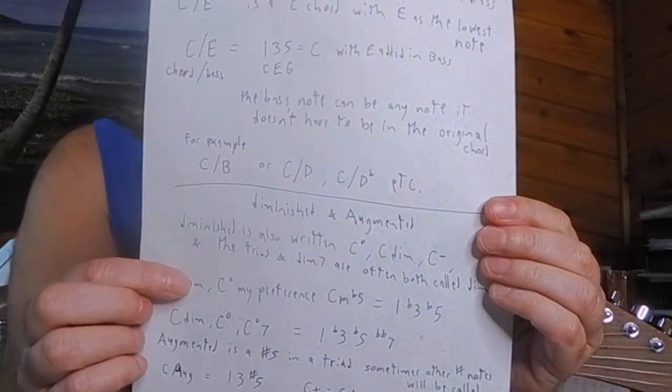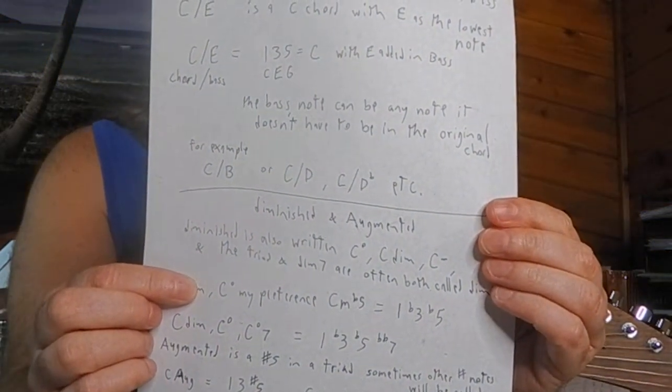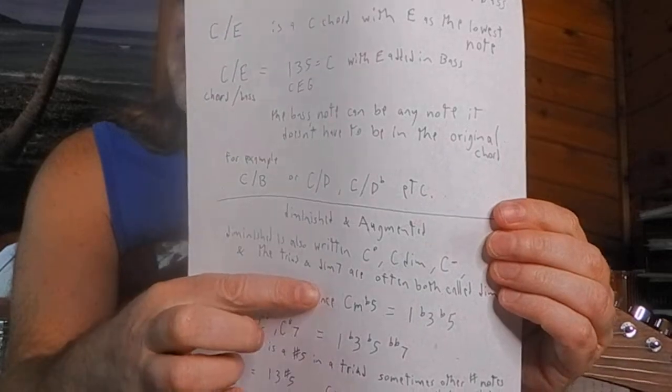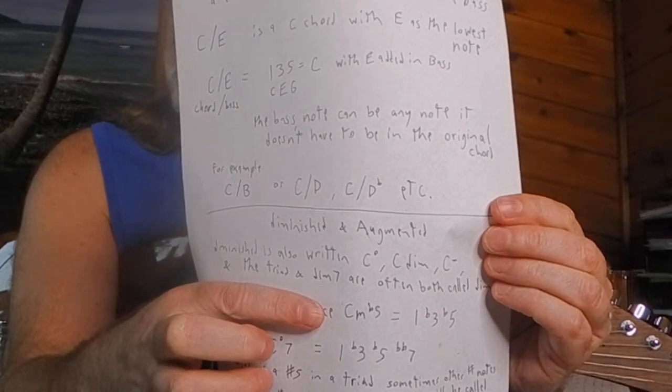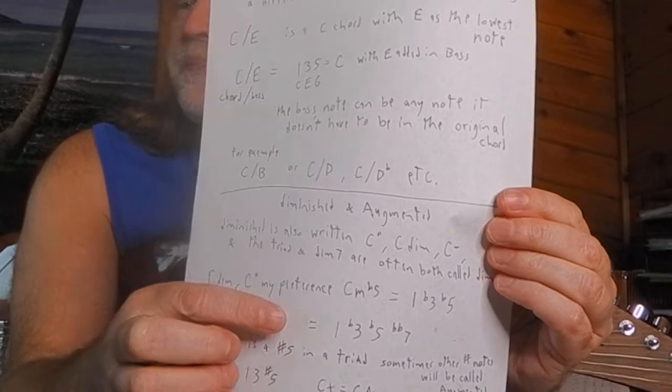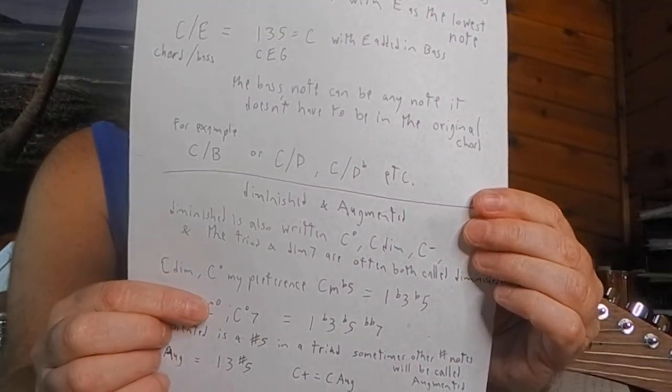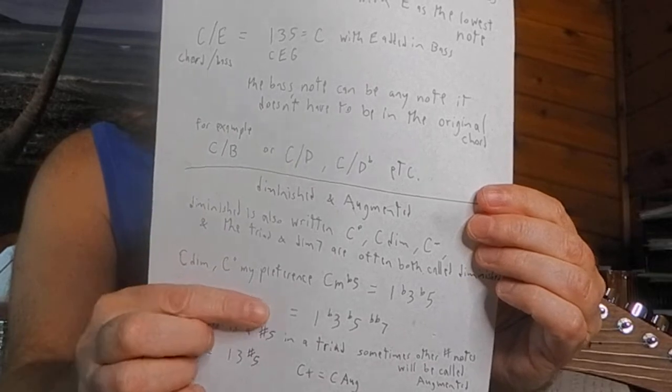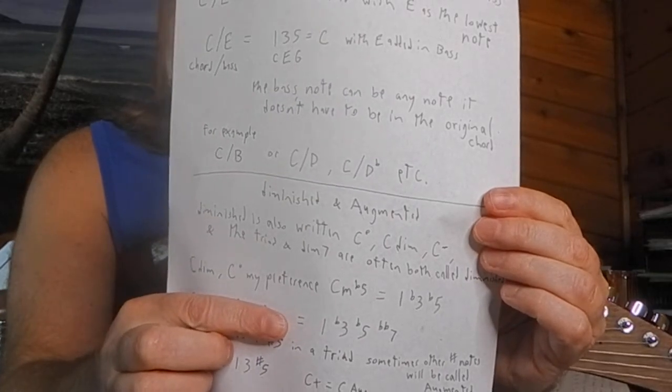So I prefer just writing that as a minor flat 5. Technically, diminished is correct, but minor flat 5 really tells you what that is. That way you can keep the diminished symbol for the diminished 7th, since a lot of people use it that way anyways.